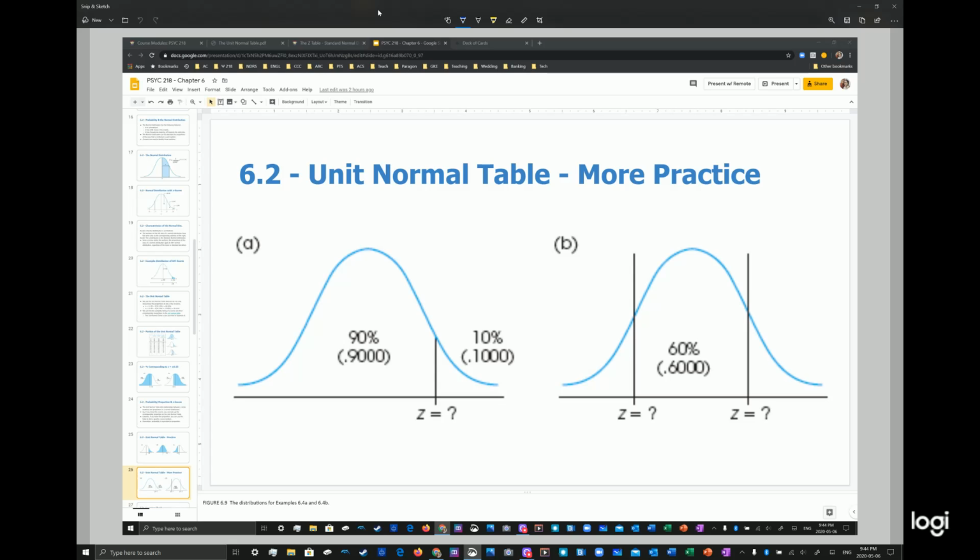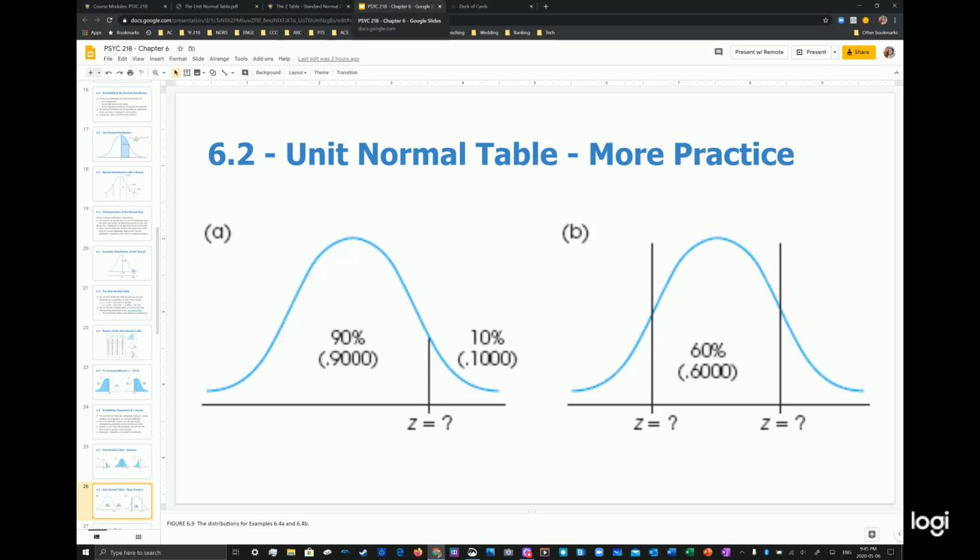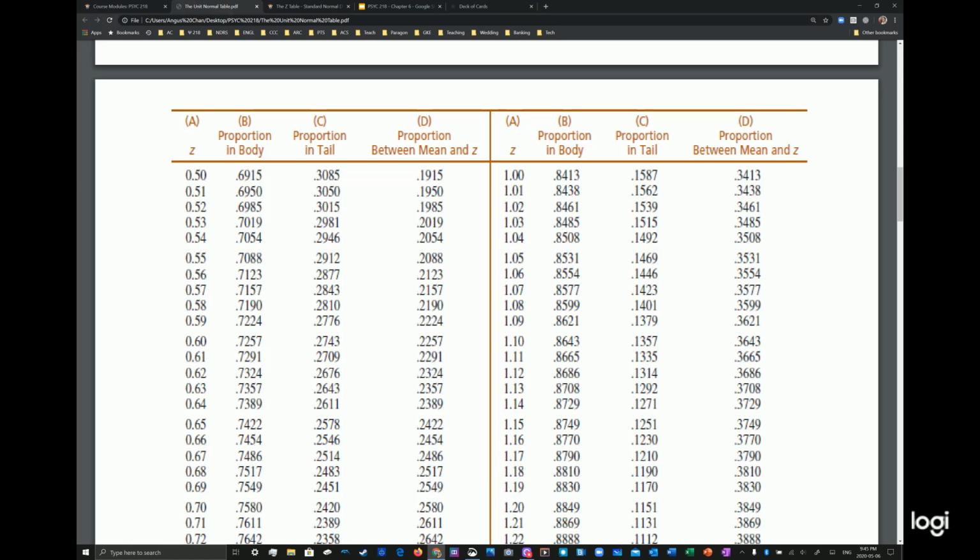So here, for our first one, the distribution here, well, we know the probability of, for example, some z-score. Here is 90%. This is the body. And this is the tail. And so we want to find either percentage here. You can choose whether it's the body at 90% or 0.9, or whether it's the tail at 0.1. So instead of looking at the z-score first this time, we want to find the proportion.